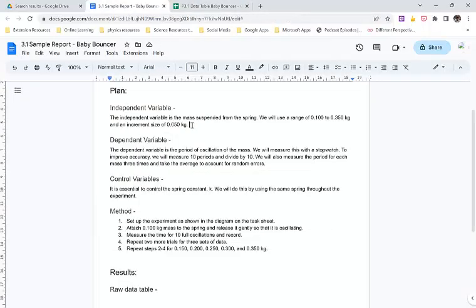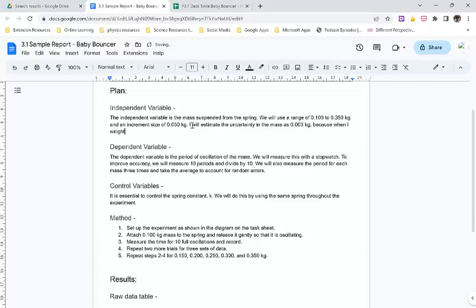So I will estimate the uncertainty in the mass as 0.003 kilograms, because when I weighed the 0.350 kilogram mass, it was actually 0.347 kilograms.